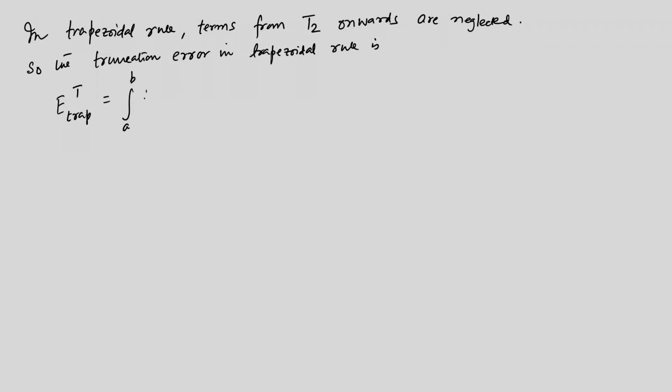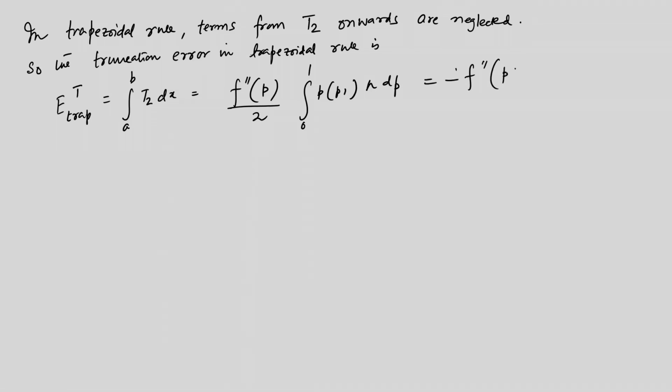This is integral from a to b of T 2 dx, which is f double prime of p by 2, integral 0 to 1 of p into p minus 1 h dp, which is equal to minus f double prime of p times h over 12. Because this is where we have used x equal to x 0 plus p h.